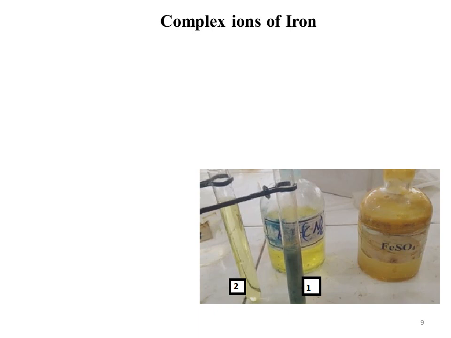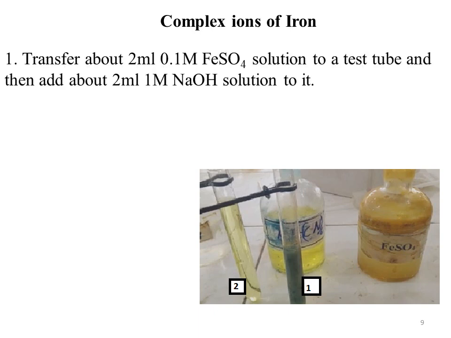Okay, now starts the complex ion of iron. In your manual, the first test written about the complex ion of iron is you have to transfer about 2 ml of 0.1 molar ferrous sulfate solution to a test tube and then add about 2 ml of 1 molar sodium hydroxide solution, and then you have to describe what happens.